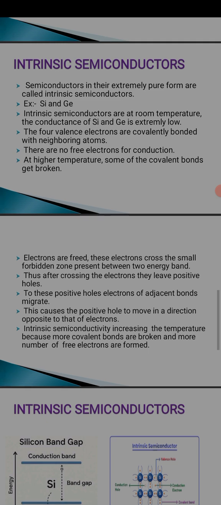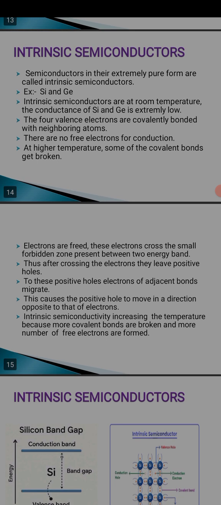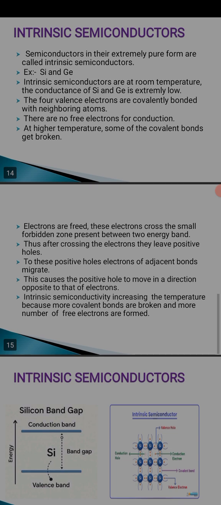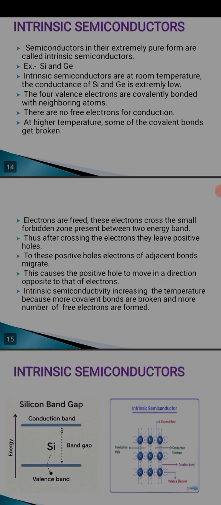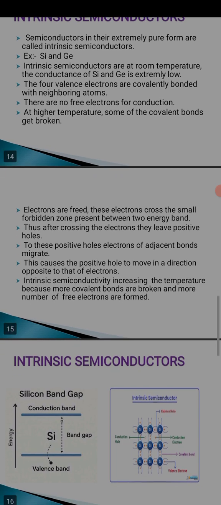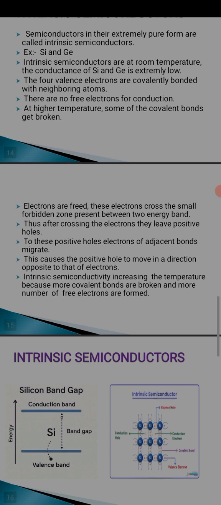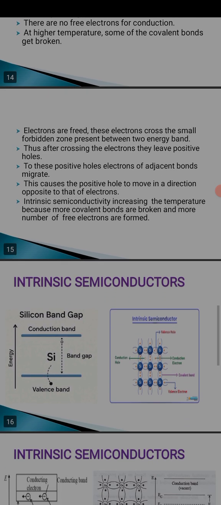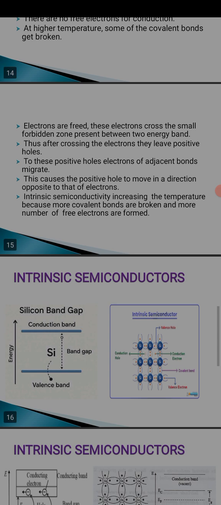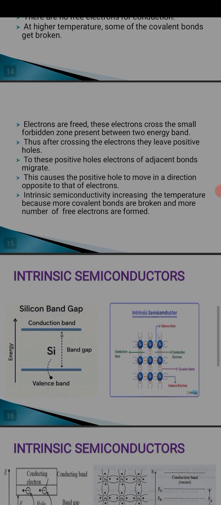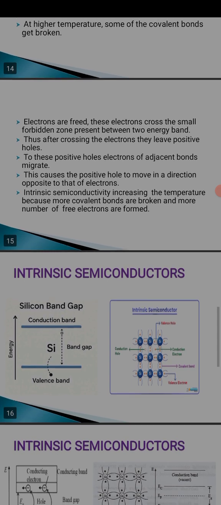The four valency electrons are covalently bonded with neighboring atoms. There are no free electrons for conduction. At higher temperature, some of the covalent bonds get broken. Electrons are freed. These electrons cross the small forbidden zone present between two energy bands.